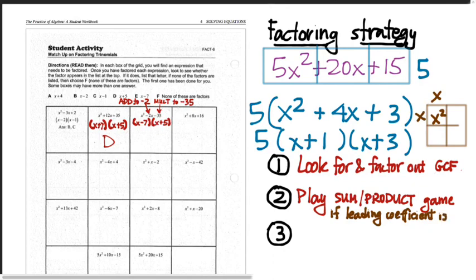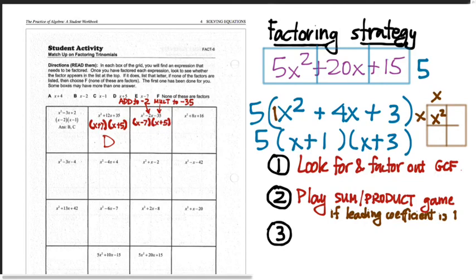So as long as there is no non-trivial coefficient in front of that x squared, as long as it's just x squared and not 2x squared or 6x squared or negative 12x squared, as long as there's just an implicit 1 here, then the sum and the product game is something we can directly reach for to get us where we're going. Because there's only one way to factor an x squared that doesn't have a coefficient in front of it. It has to be an x times an x.